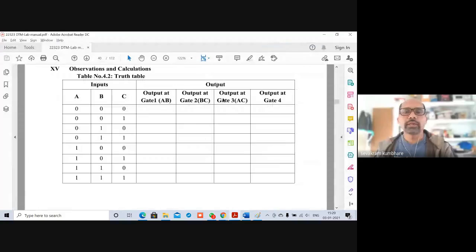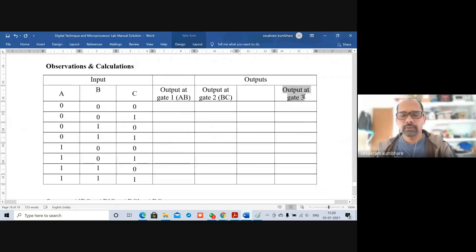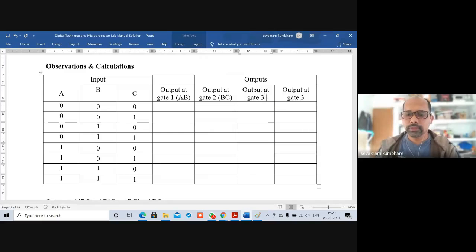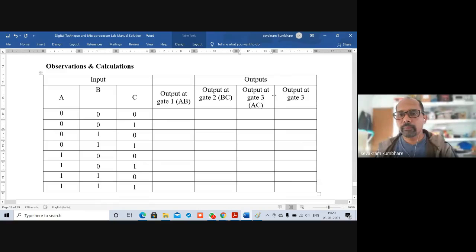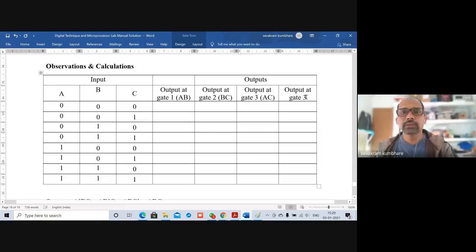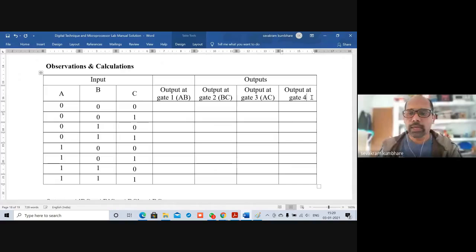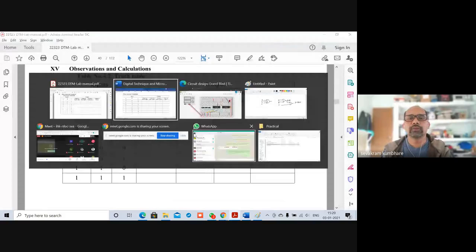This is output at gate 3, which is nothing but your AC. And this is output at gate 4 which is your actual output. Now let's check out what we'll get over here.